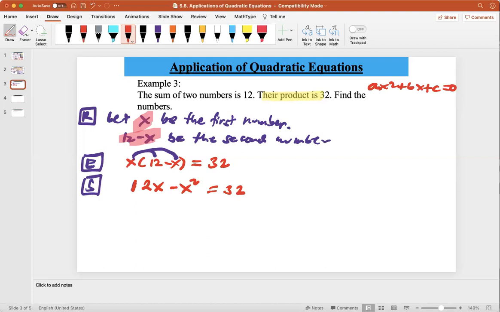It's better if our a is positive. Ax squared is here, but it's negative. Let's make that positive by getting all these terms on the left side to the right side. And so let's do minus 12x to make that 0.